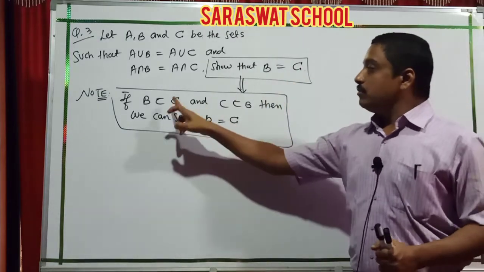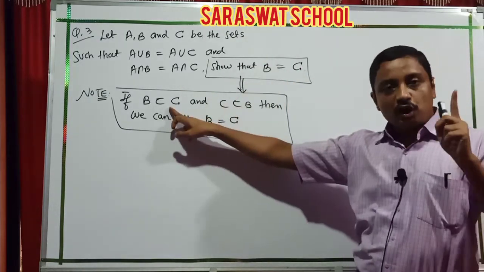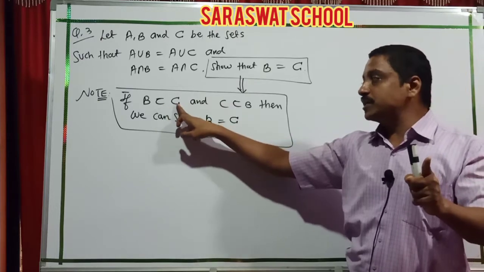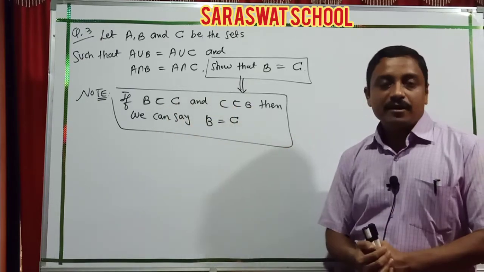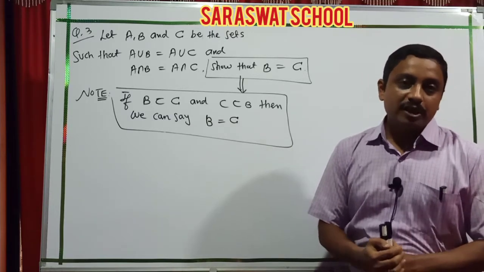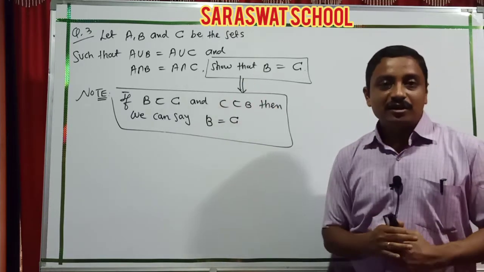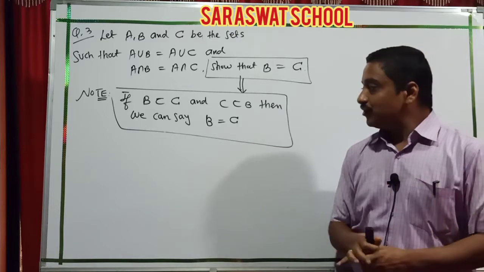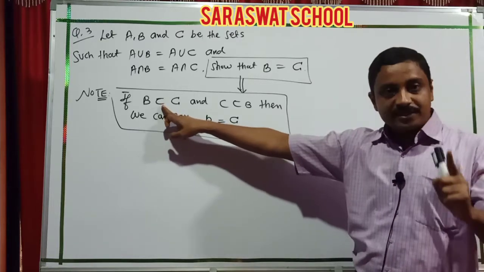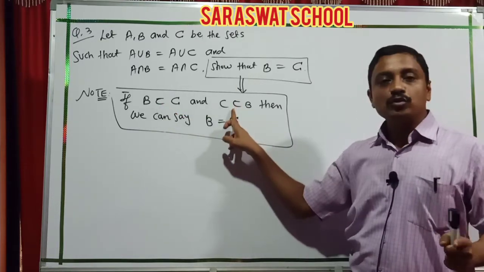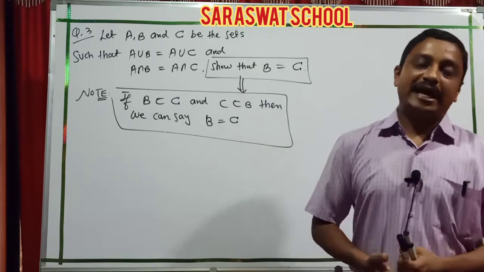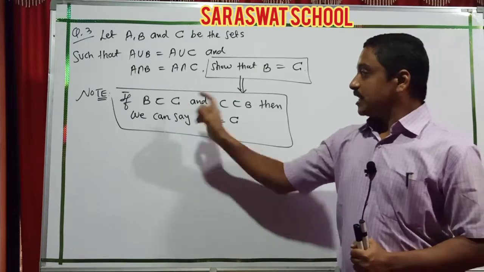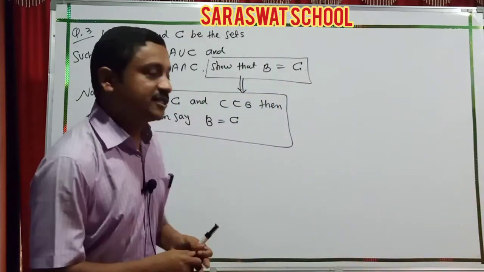If you are proving B equals C, then surely I first prove B subset C and C subset B, then we can say B equals C. It means, students, in this numerical there are two cases. First I prove B subset C, then after that prove C subset B. So I start here: first of all, proving B subset C.